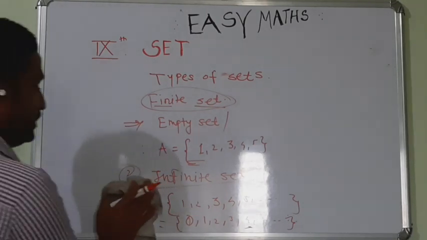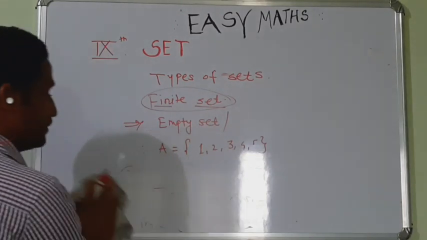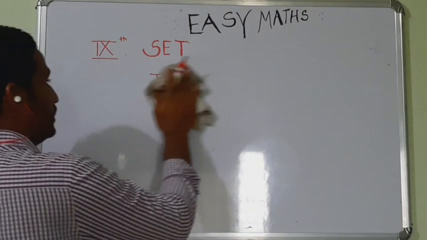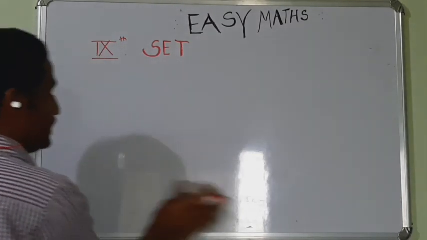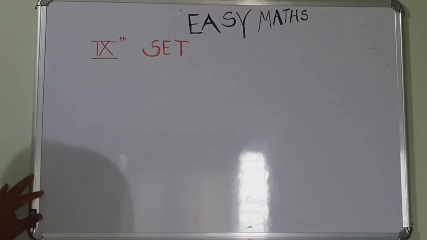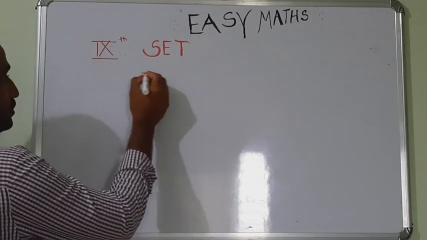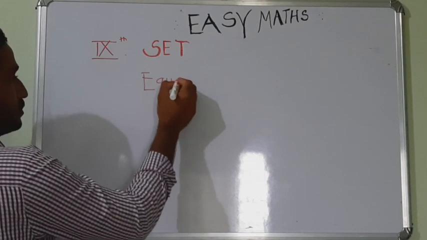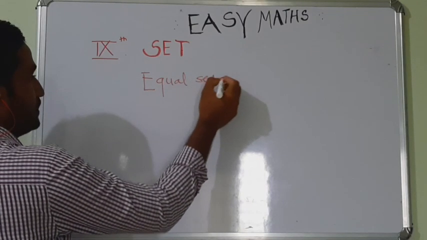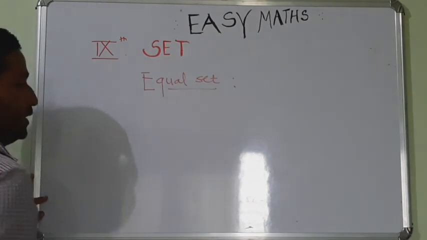Next one is equal set. What is the definition of equal sets?